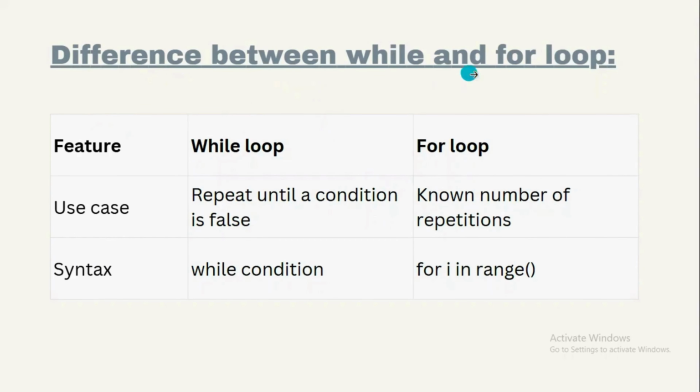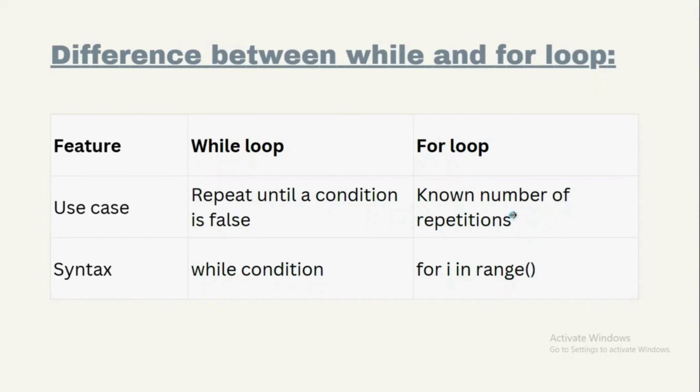Also, let's see the difference between while and for loop in Python. These are just two basic differences. I write it here. In the while loop, we repeat until a condition is false, and the syntax of a while loop is the while keyword, then the condition. In the for loop, we already know the number of repetitions, because we define the range.